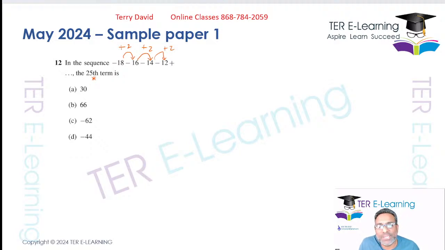Right? Sorry, so we added 2 in this case here, not subtract 2. Minus 18 to minus 16 you've added. Yeah, my bad.